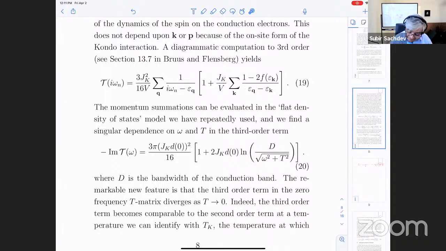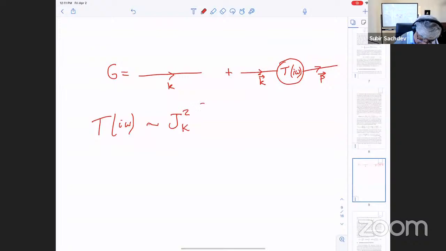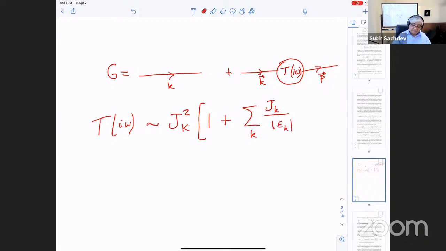So just summarizing and paraphrasing, the T of omega that we have, I won't get all the factors right here, is something like J_K squared, and if you look at the limit of that other expression, it is 1 plus some constant times the sum on K of J_K over mod E_K. If you just figure out what it does at small temperature, this is kind of what it looks like.